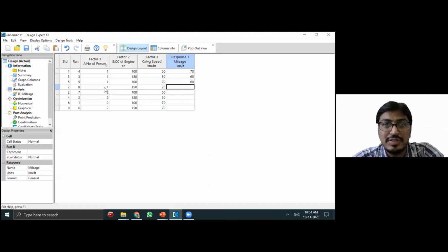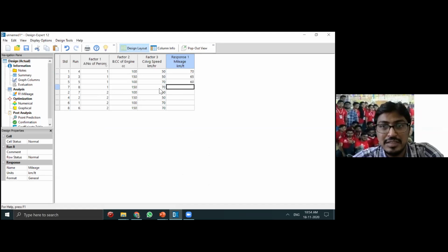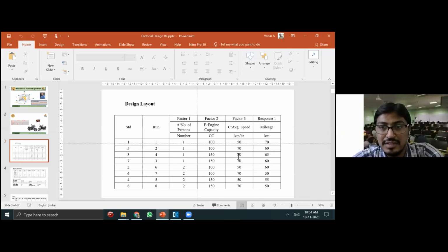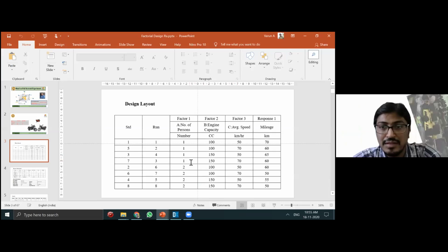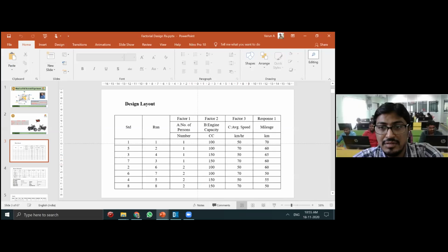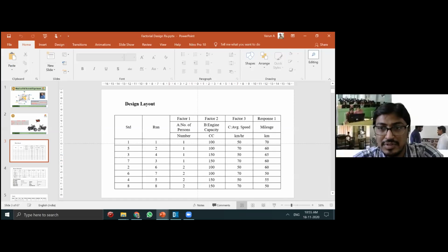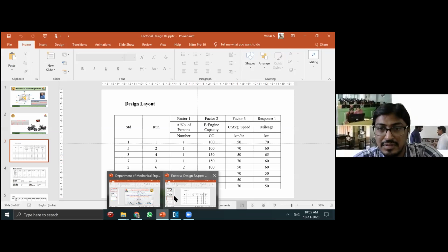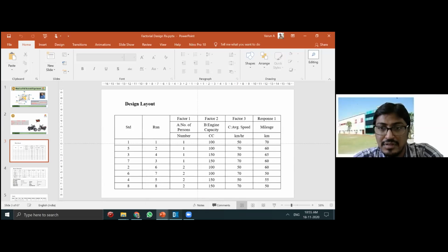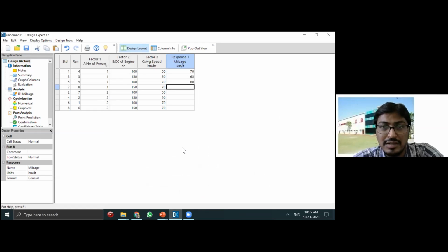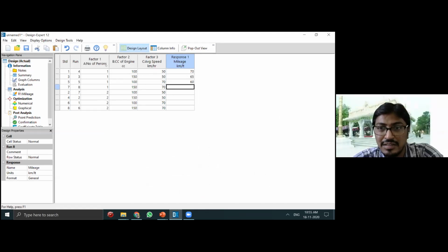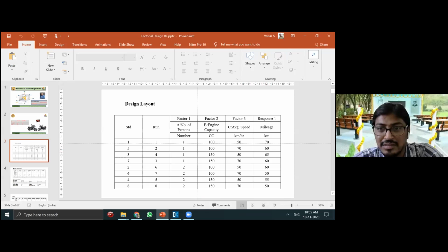Okay. Next one is 150, 70. 150, 70, it is 60 kilometers. 170, sorry, 170. I have just mistyped it. 150, 70 is 60.